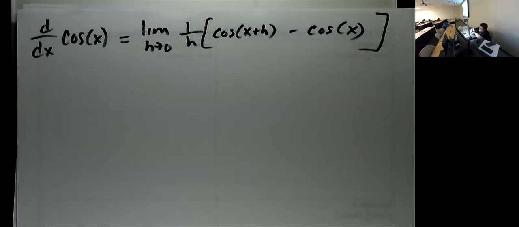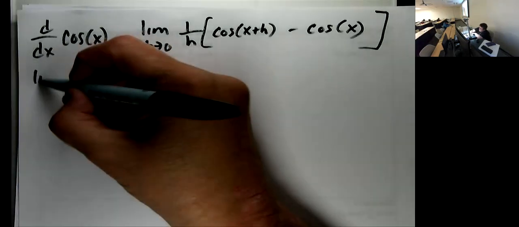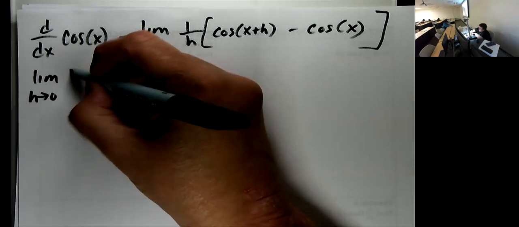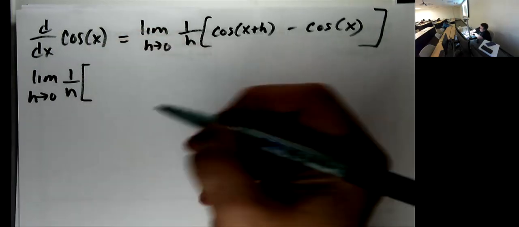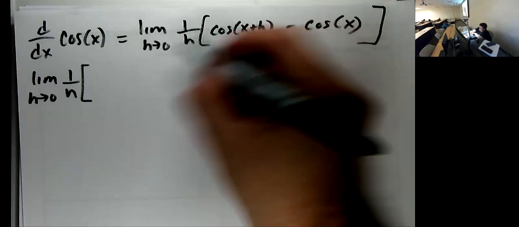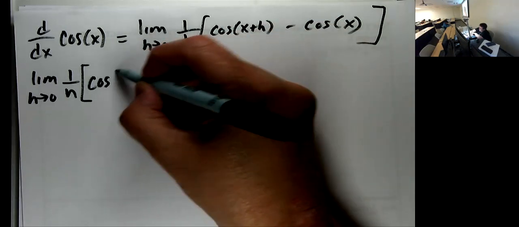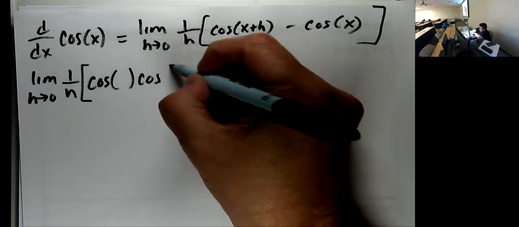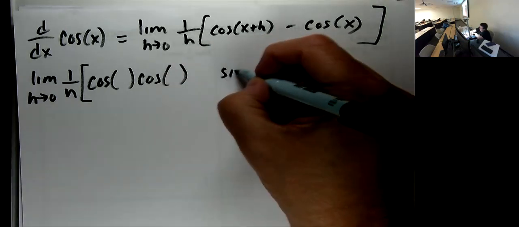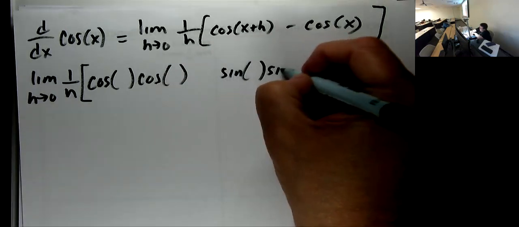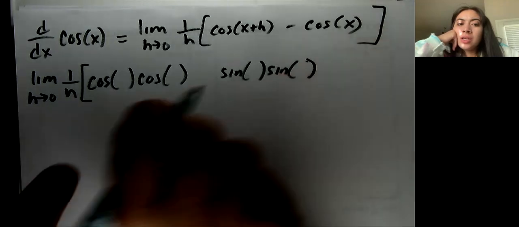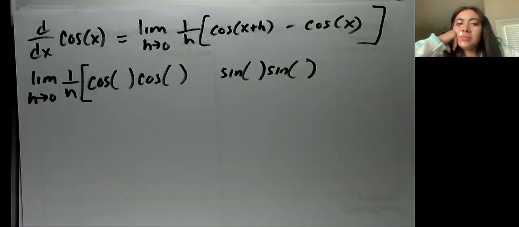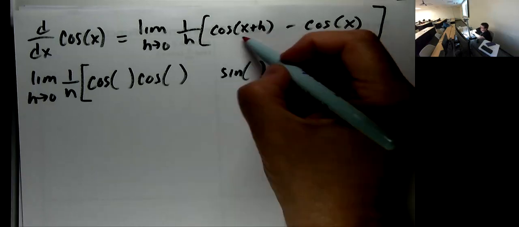Now, I'm betting you don't remember the cosine sum formula. When you have the sum formula, cosine does cosine, cosine, and then it does sine, sine. Isn't it cosine A and cosine B, and then it goes minus? Minus sine A sine B, excellent.